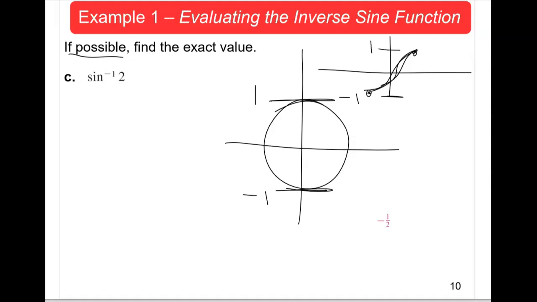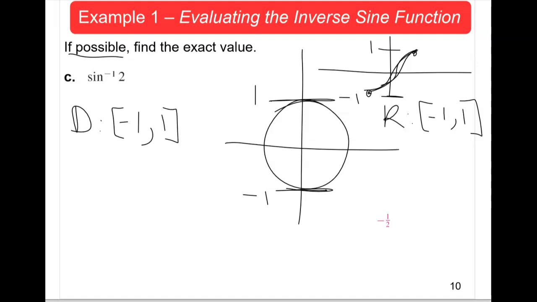So if this is the range of the sine function from -1 to 1, then the domain for the inverse function must be from -1 to 1. And what is happening here is that we have a 2. And so for this question, the answer is simply undefined.